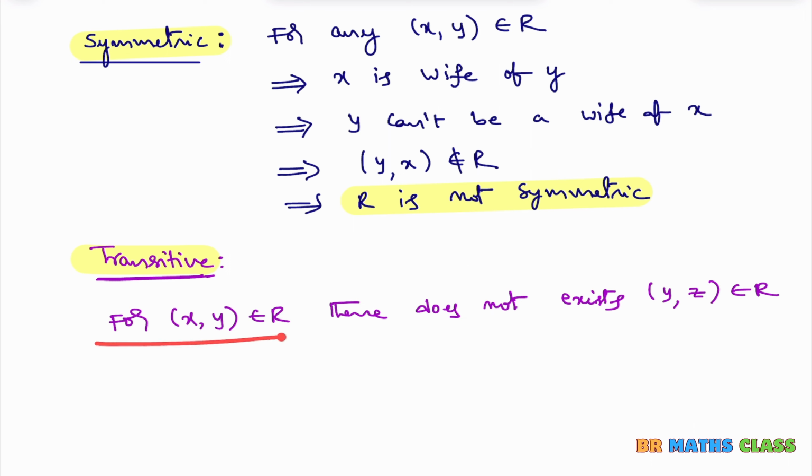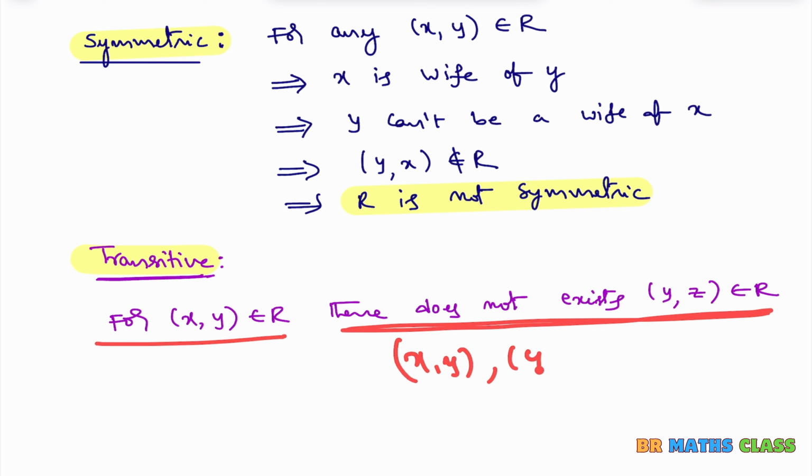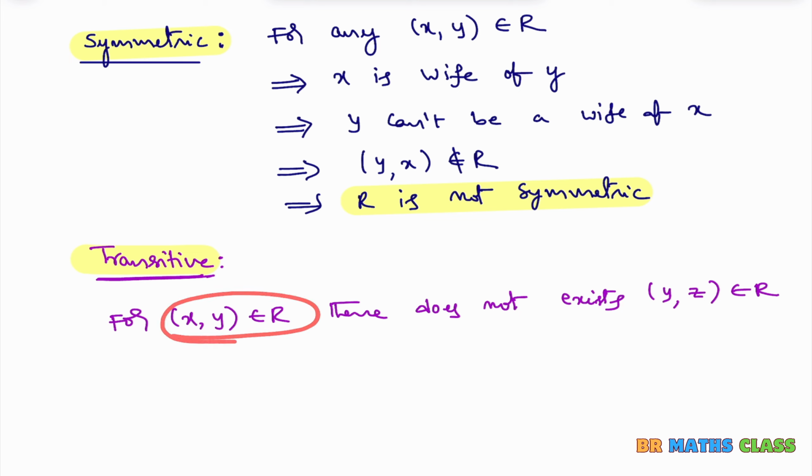So what is the conclusion we'll write? For the ordered pair x comma y in the relation R, there doesn't exist y comma z in the relation. If x comma y, y comma z exists, then only we look for x comma z. As for x comma y, y comma z, that type of thing doesn't exist, in that case, we say that the relation is transitive. I hope you understand.